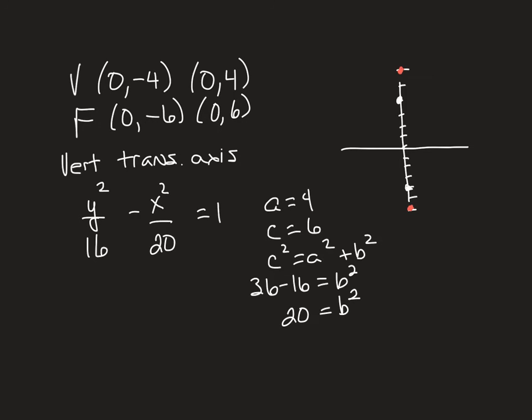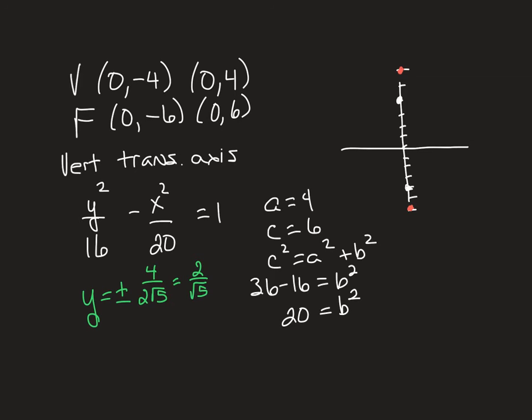And our asymptotes are going to be y equals plus or minus a over b in this case. So that's going to be 4 over the square root of 20, or 2 square roots of 5. Or we could say that that's 2 over the square root of 5. The square root of 5 is just a little bit more than 2.